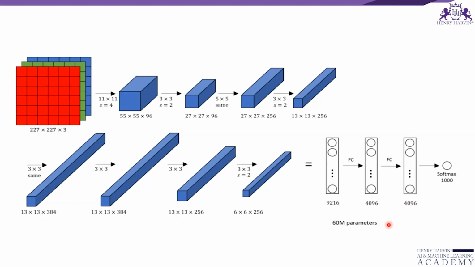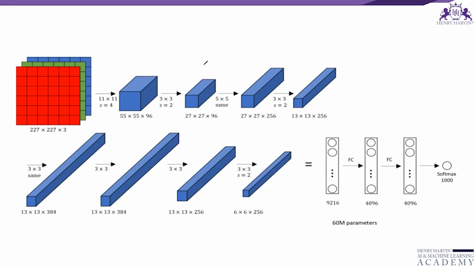The GPU used was the GTX 580 3GB GPU, and the network took between 5 to 6 days to get trained. Just imagine, it took 5 to 6 days to get trained. So here they use cross GPU parallelization and all. We will be studying this shortly, right? Fine. So now hope this is clear.